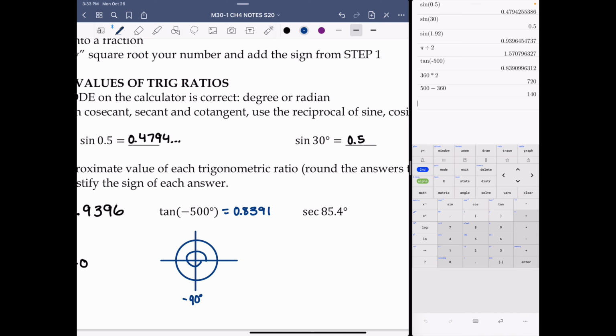Negative x-axis would be negative 180 degrees. So negative 140 degrees would be somewhere in quadrant 3. And then using the CAST rule, here we have that tan is positive. So we justified our positive answer of 0.8391.